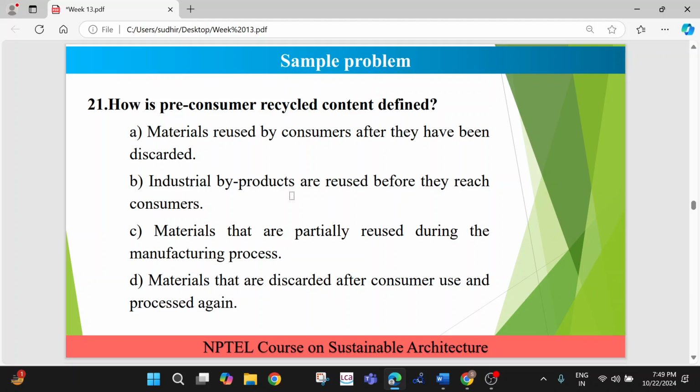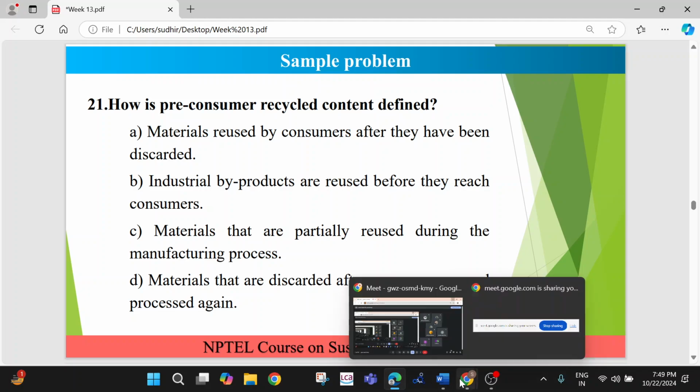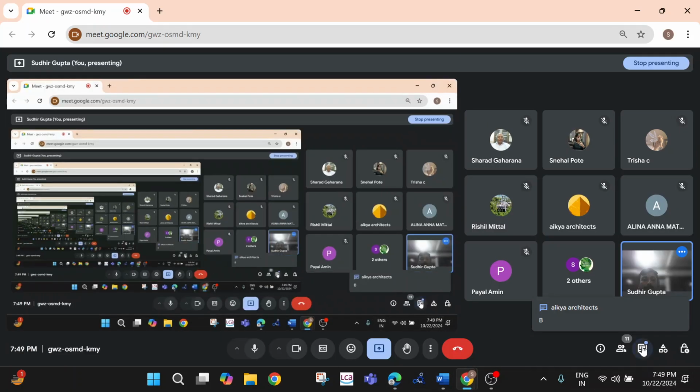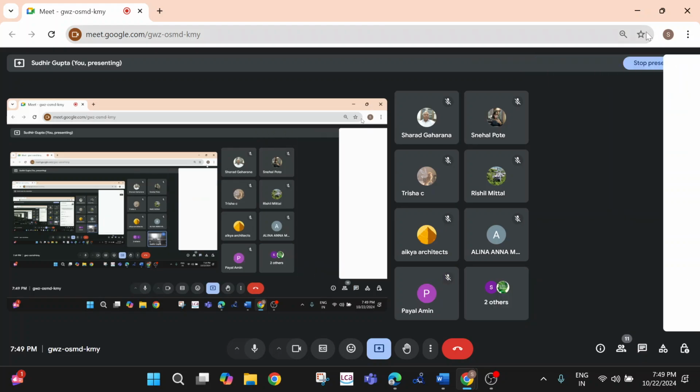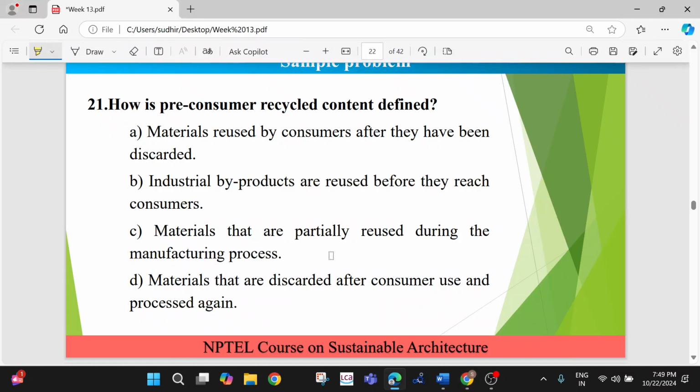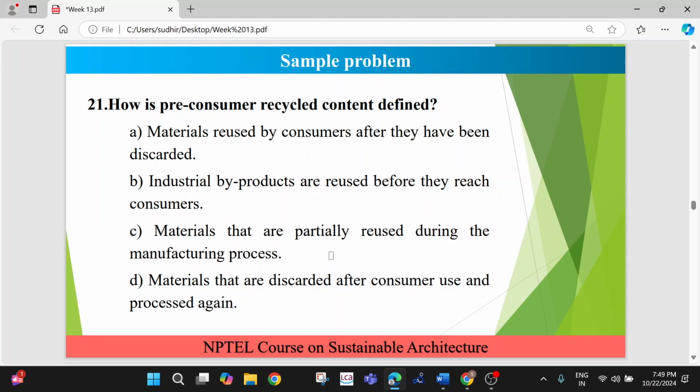So I hope this time all of you are able to recall and understand the concept, and you will be able to answer it correctly. Yeah. So I'm happy with the preparation that you are having. Most of you are answering rapidly as well as correctly. B will be the right answer for this question.